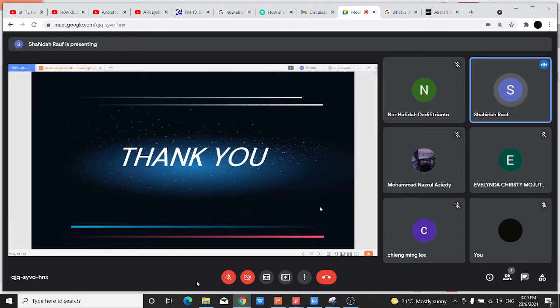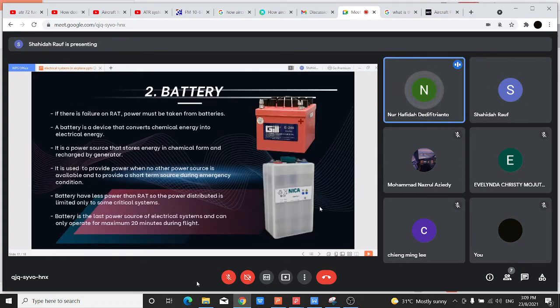Okay, so that's all. Do you have any questions? Oh yes, I have a question about the battery. Just now you said that the rectifier can convert AC to DC current, right? Yeah. And the battery, can this battery be recharged by using a rectifier?